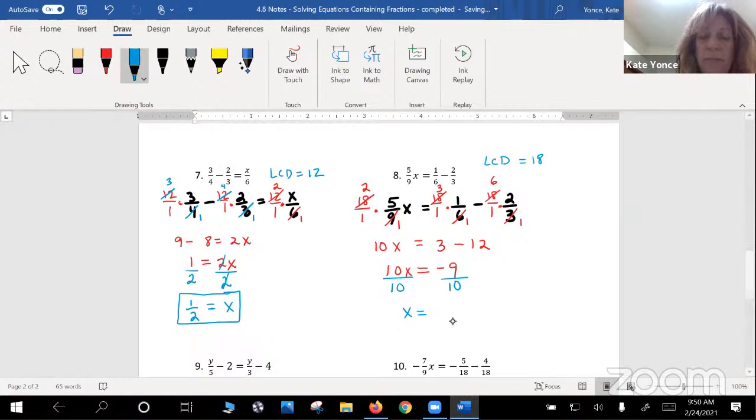Wouldn't that be the fraction right there? 9 over 10, negative 9 over 10. Yeah. Nothing we could do about it.